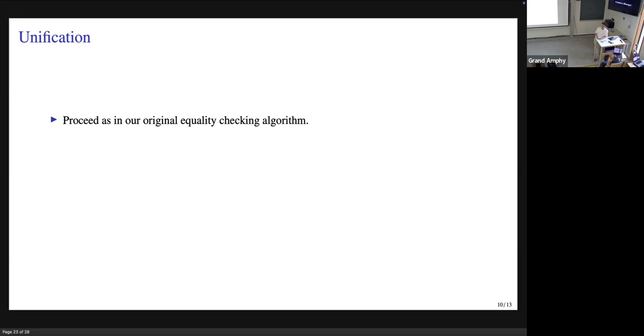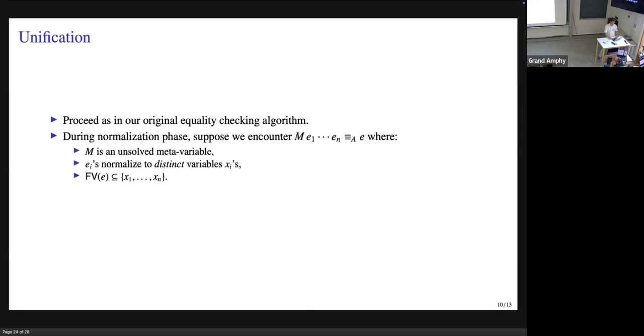So it's equality checking combined with solving equations. It's the basis for many, many things, including Prolog, and Hindley-Milner polymorphism, and so on and so on.